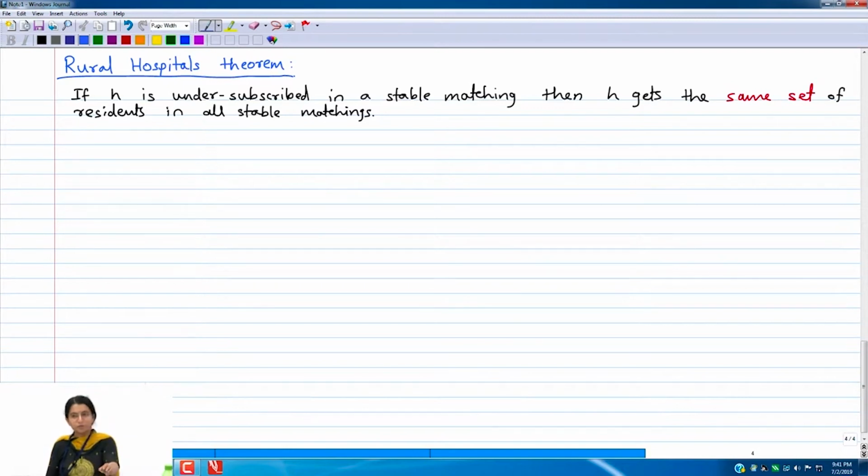The name rural hospitals theorem comes because typically people are unwilling to go to rural areas for internships. So the hospitals which remain undersubscribed are mostly from rural areas, and hence, because the theorem concerns the undersubscribed hospitals, it is named the rural hospitals theorem.